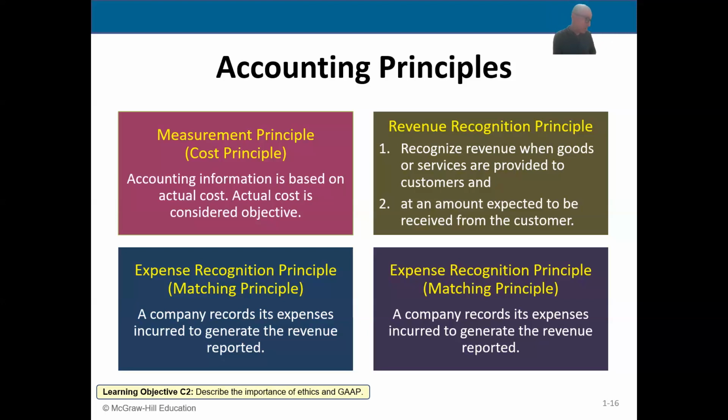Okay, here's what I mean by this. Timing is very important in accounting. Okay, when it comes to recognizing revenue in business, we don't recognize revenue until the revenue is earned. Earned. Here's what I mean by that.